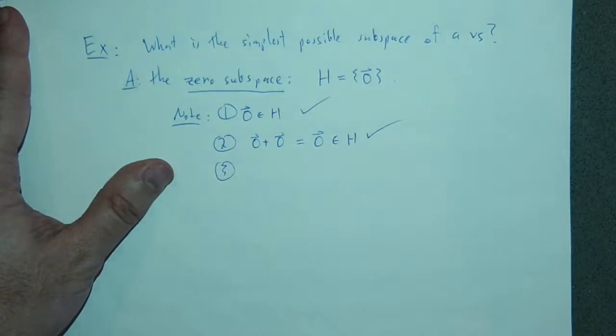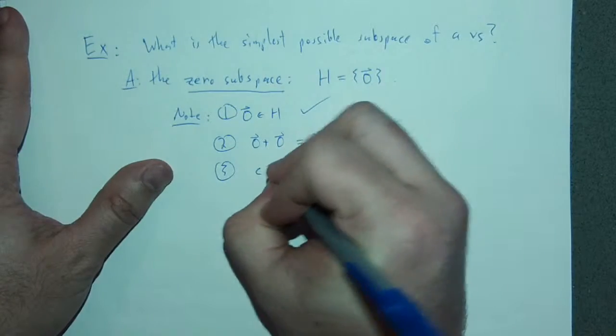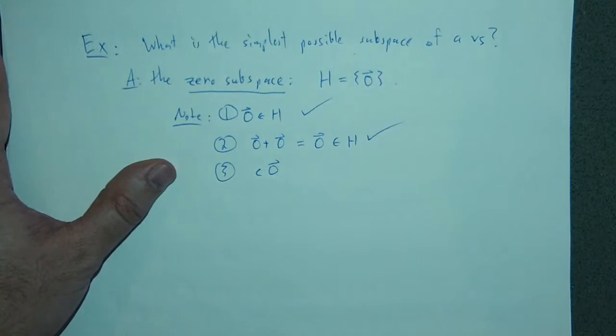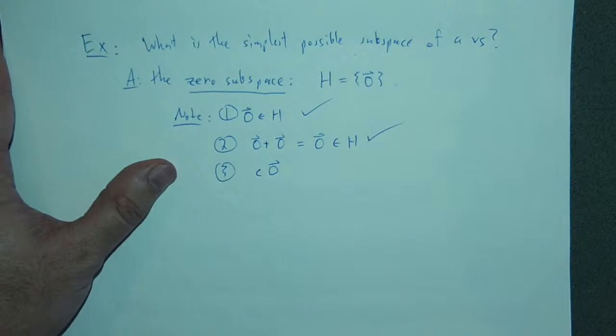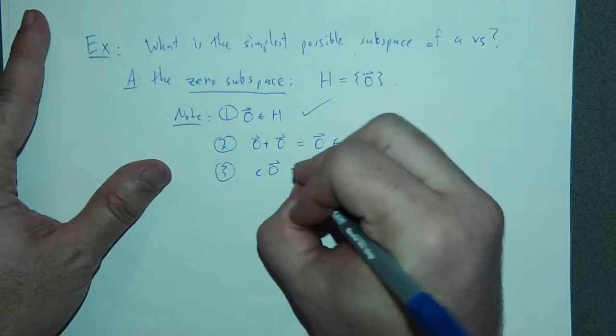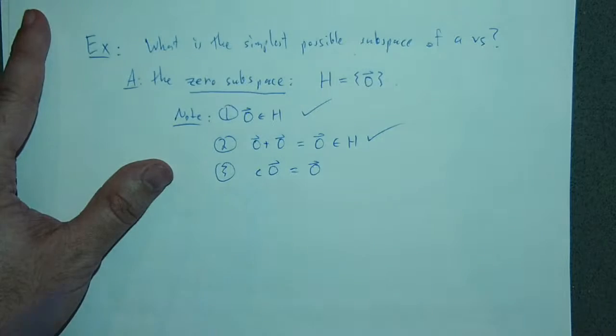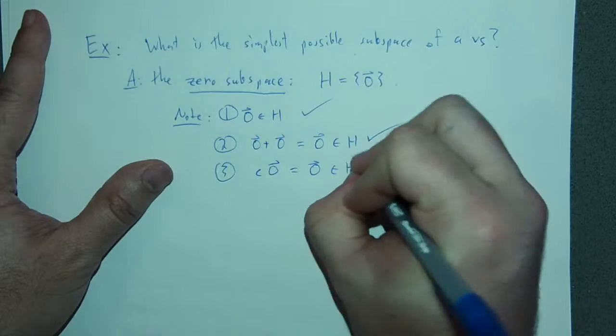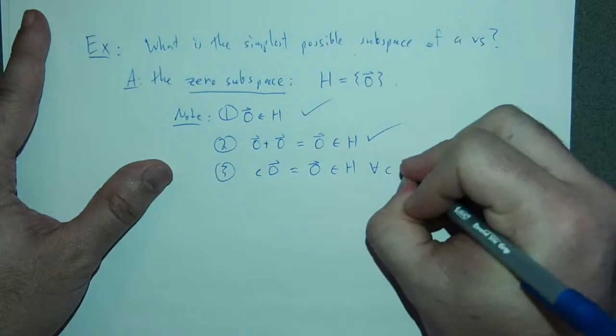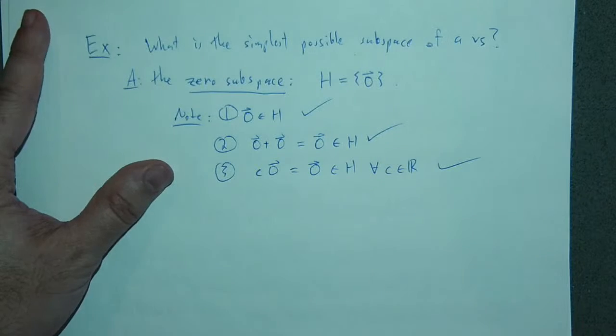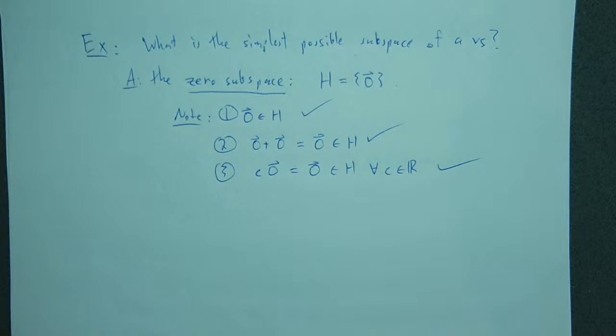And then the third thing I have to check, of course, is if I take any scalar c and multiply it by the 0 vector, what do I get? I get the 0 vector, doesn't matter what c is, and that is in H for every c in the reals, so I'm good. So this is definitely a subspace by that definition.